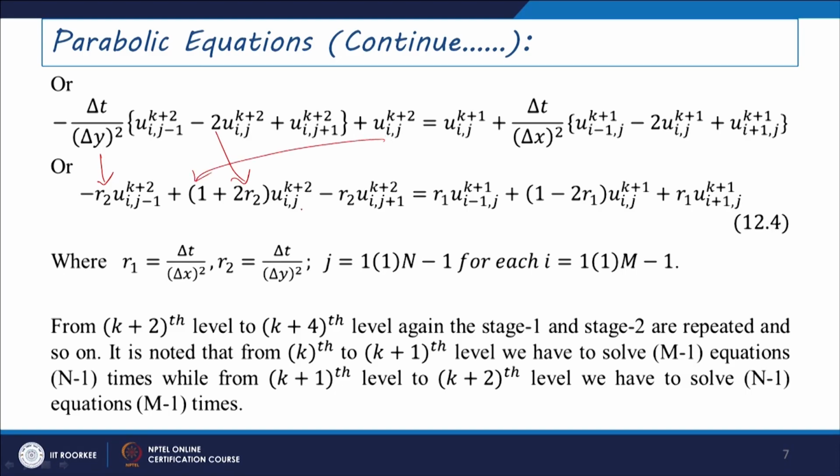So 1 plus 2R2 uij k plus 2, and the second term is minus R2, written here.